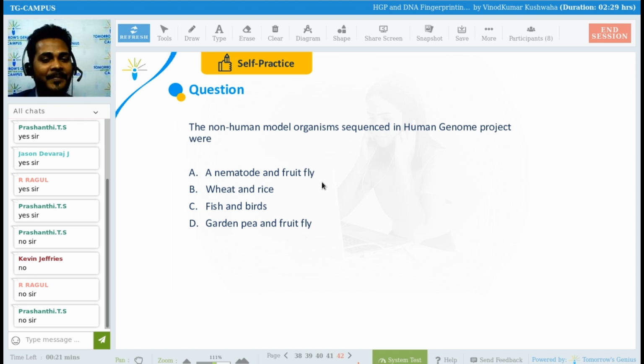It is Caenorhabditis elegans. Clear? So, nematodes and fruit flies. The scientific name of the fruit fly is Drosophila melanogaster, right?